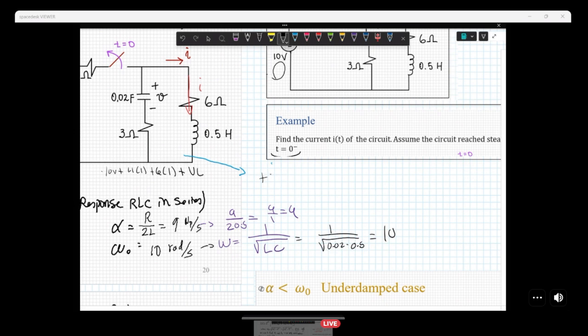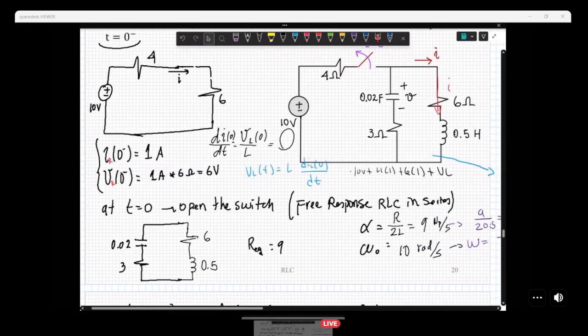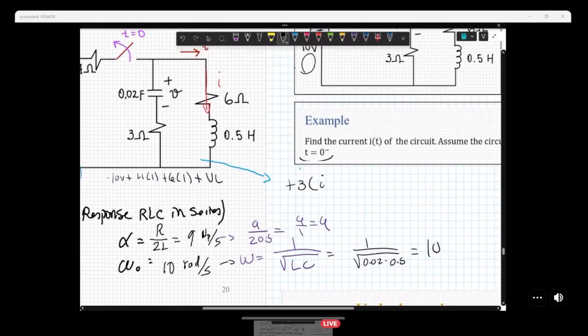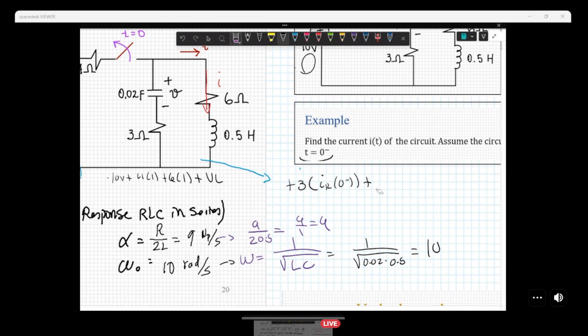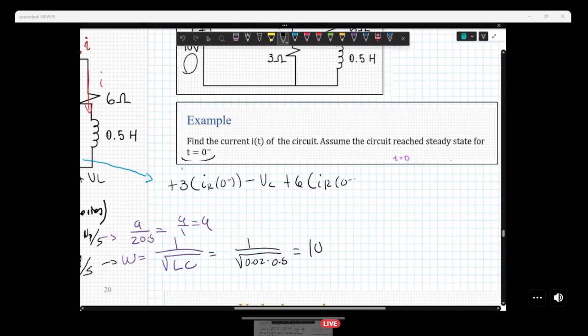I see. So it's gonna be +3 times the current we got before, which would be I. Let me see what I called it. We called it I_R(0-). It's gonna be I_R(0-) minus this voltage, minus V of C. And then +6 times I_R(0-) plus V_L equals 0.